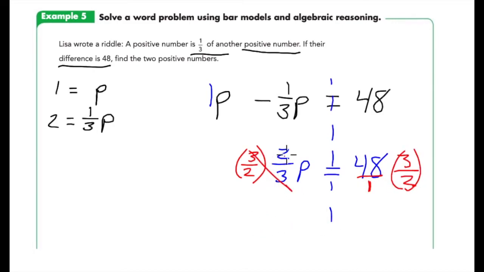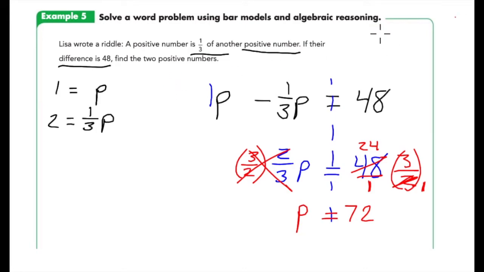On this side, my coefficient cancels out, so I'm left with p equals 48 over 1 times 3 over 2. I'm going to reduce beforehand: I make that a 1, and this 48 becomes a 24. So on top, I'm left with 24 times 3. 3 times 20 is 60, 3 times 4 is 12, so that leaves me with p equals 72.